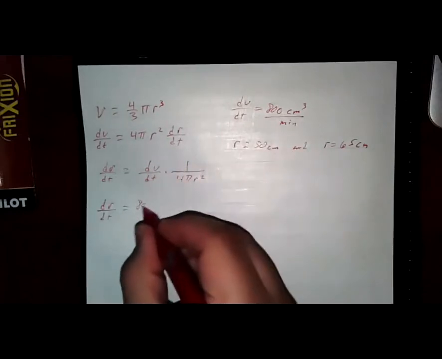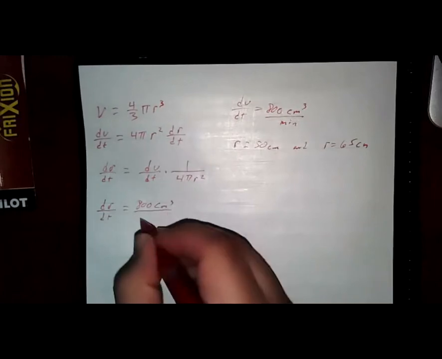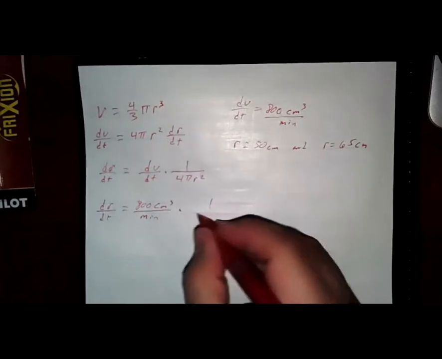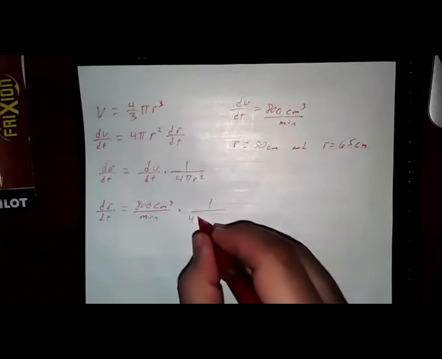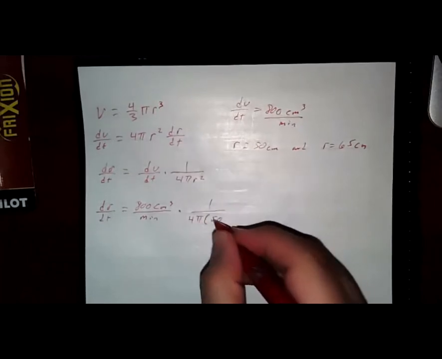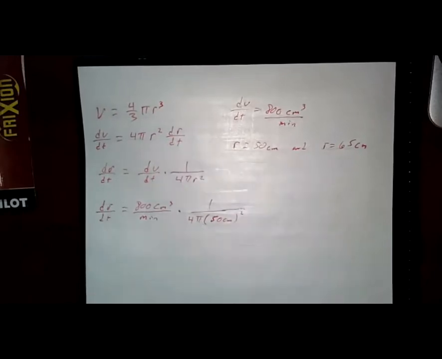800 centimeters cubed per minute times 1 over 4 pi times 50, so this will be 50 centimeters squared. All right.